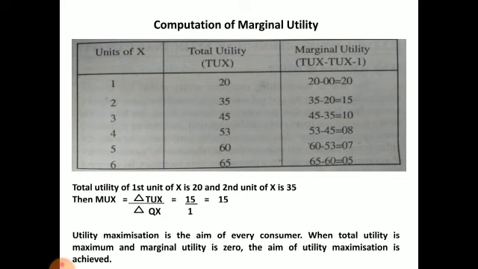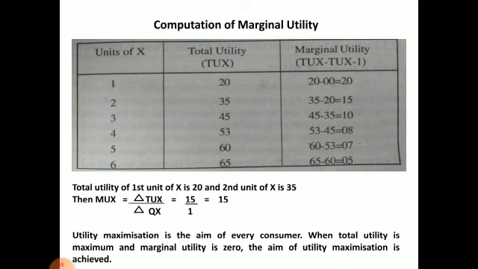How do we calculate marginal utility? It is TUX minus TUX minus 1. So in the table, you see that the total utility goes on increasing with increased consumption, while the marginal utility decreases throughout.